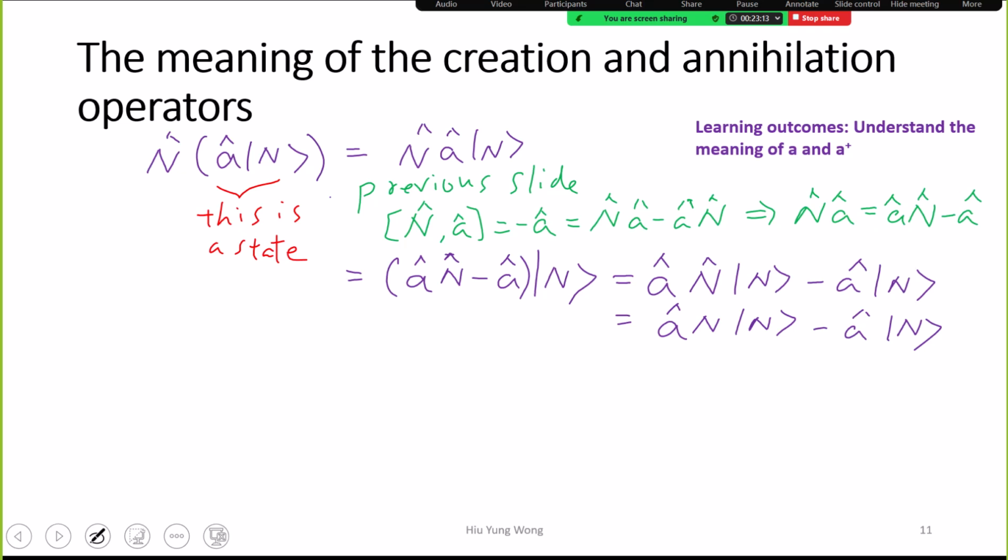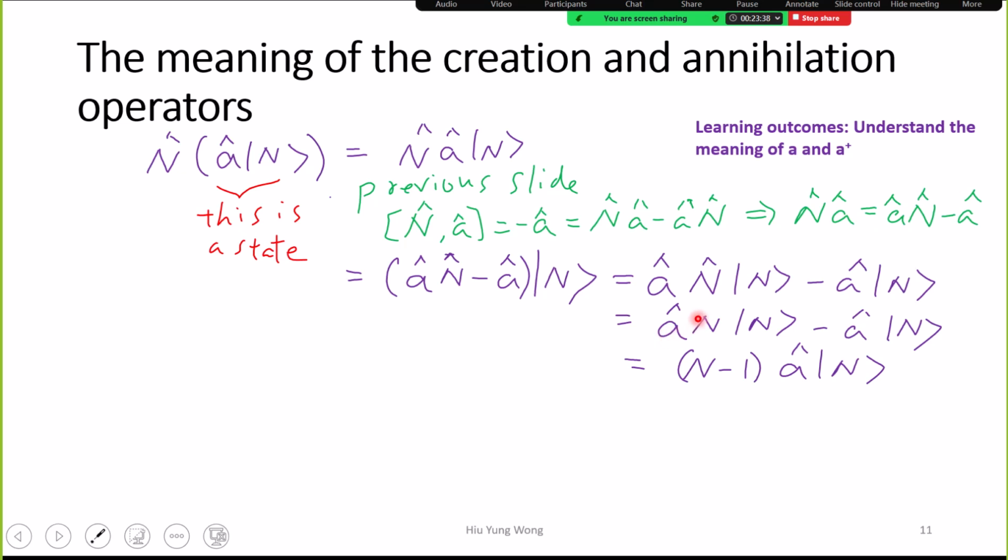And the second term, I don't change it. Now, because capital N is a number, I can put it in front. I can factorize it as N minus 1 times A hat N. Do you see that? Because this is a number, I move it to the front.